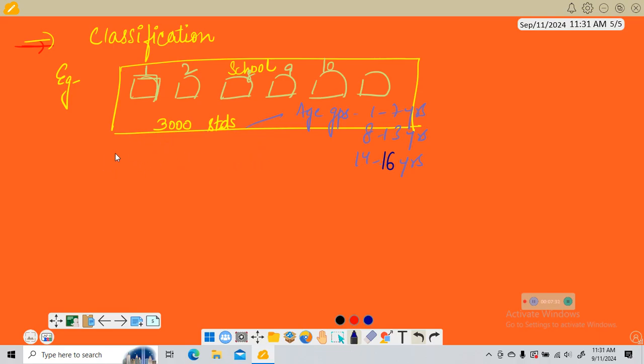So to make it easy, what we did was classification. We classified these students into different classes, from 1 to 6, then 7th, 8th, then 11th, 12th. These classes are basically categories.